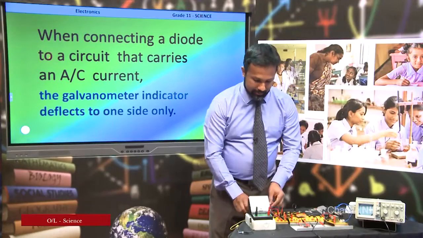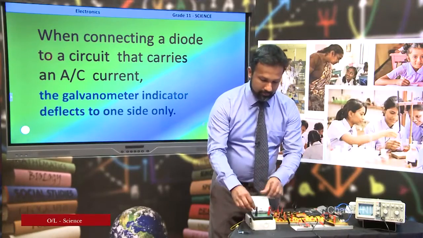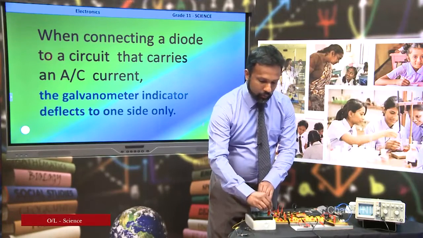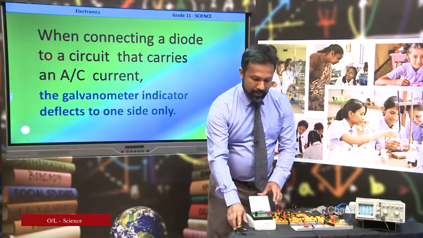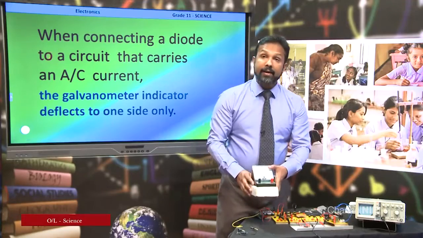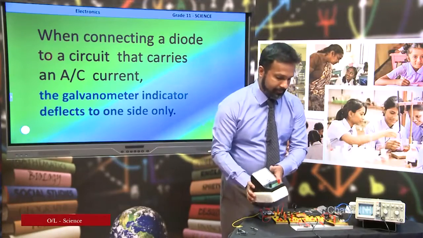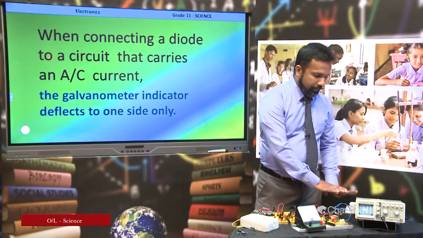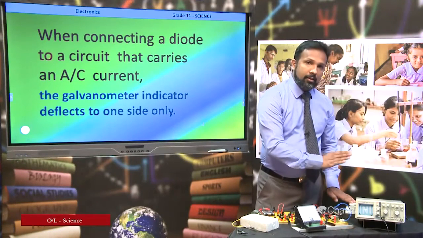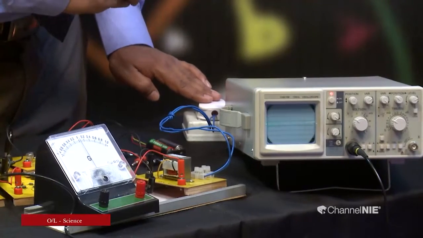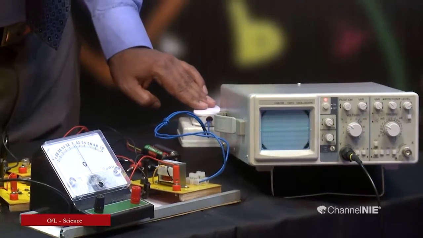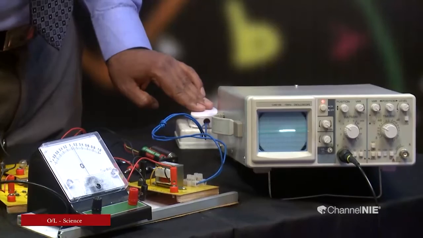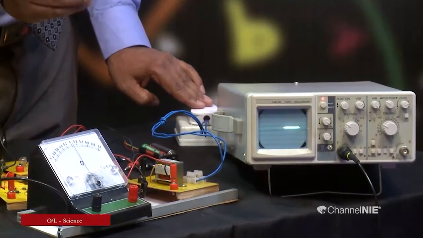Let's connect this galvanometer to the AC supply, alternating current supply, right. I have connected the transformer to the main power supply which gives alternating current, 50 hertz of frequency, 230 volts.